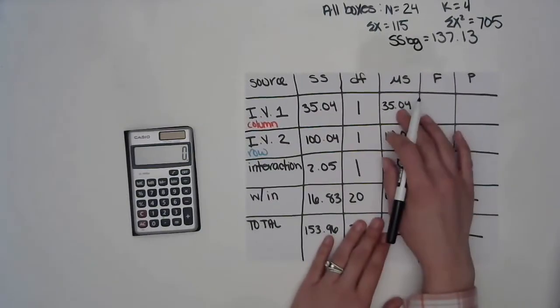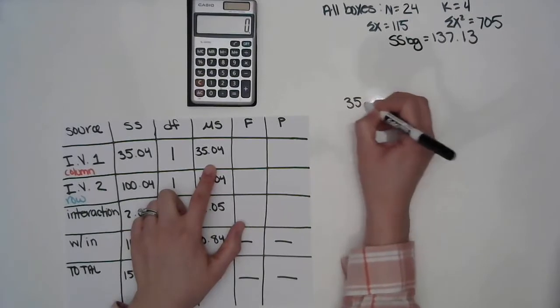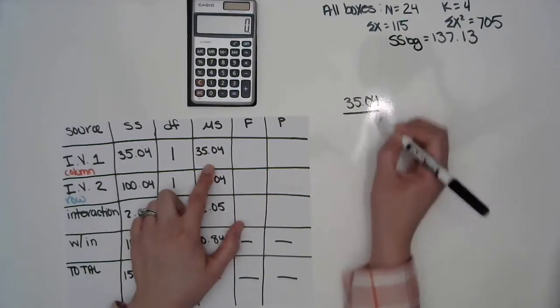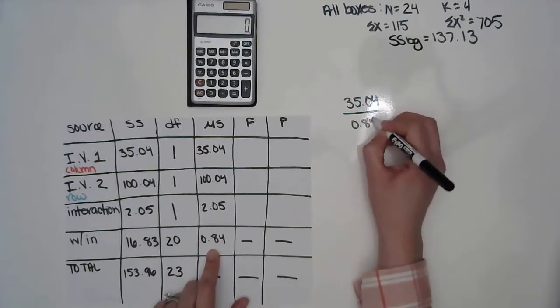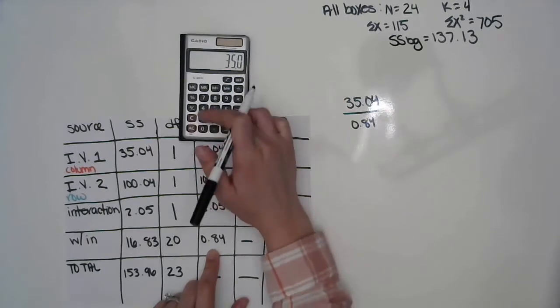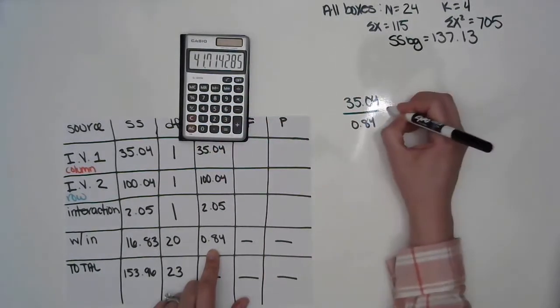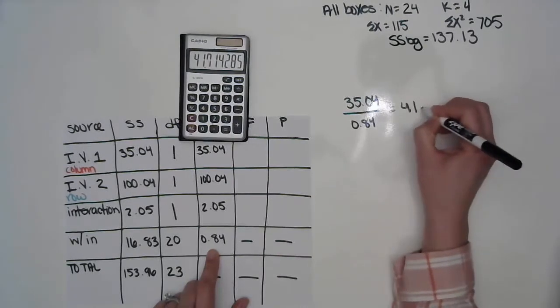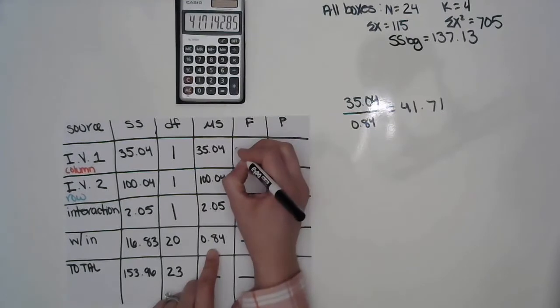For the first one, we're going to take 35.04 and divide that by our MSW, which is 0.84. So 35.04 divided by 0.84 is going to give us 41.71.